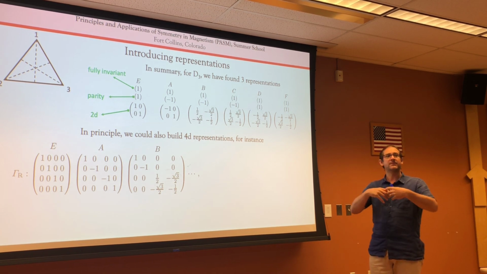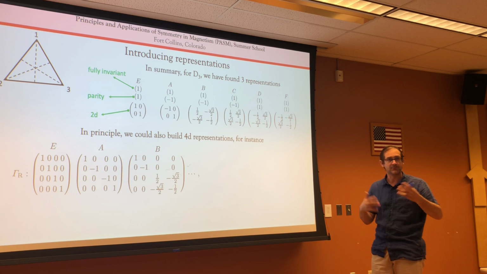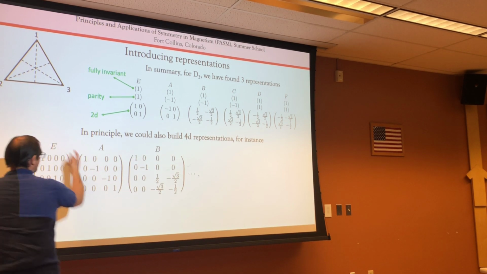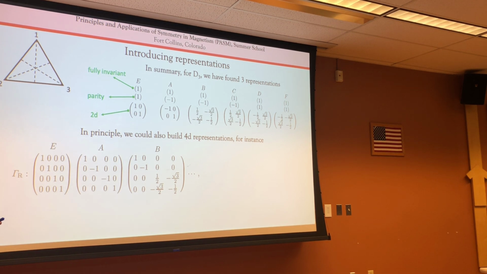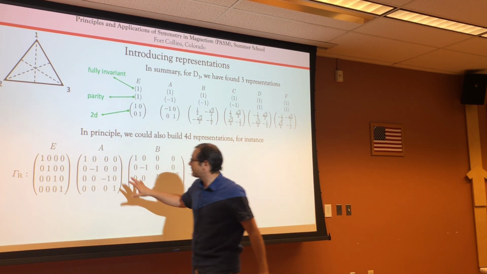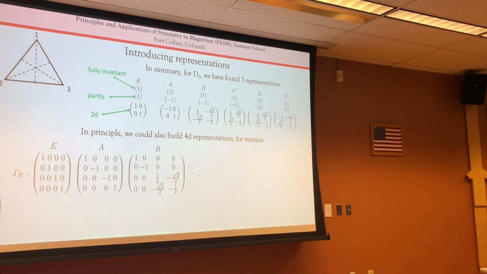So now imagine that we have a multi-dimensional vector to deal with. Here I'm just showing a four-dimensional vector. It turns out that I can build any representation of a higher dimensional vector in terms of those three representations. This kind of representation is called a reducible representation.